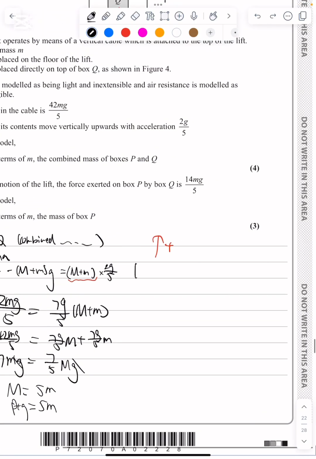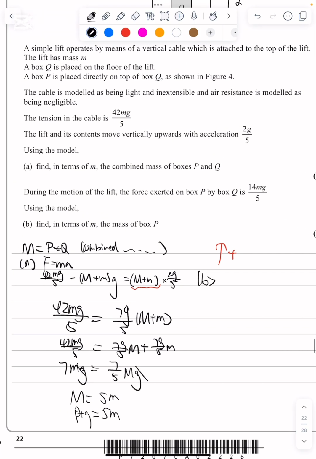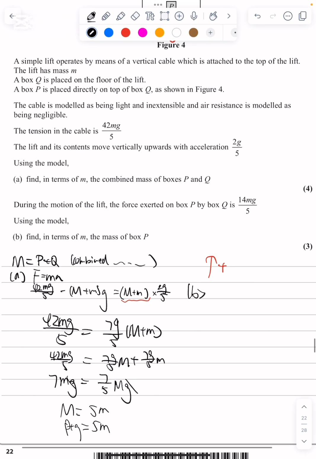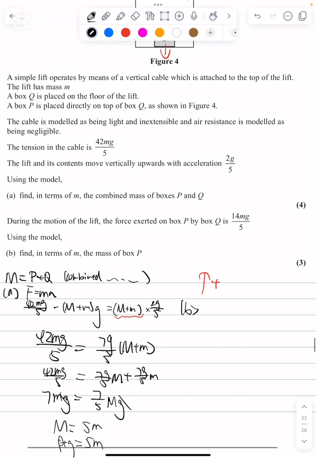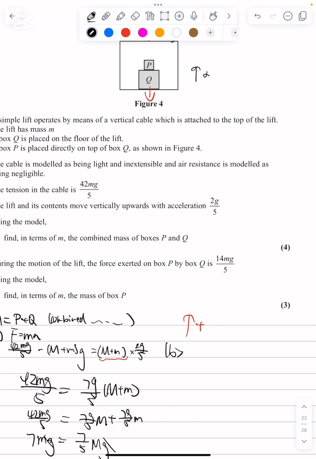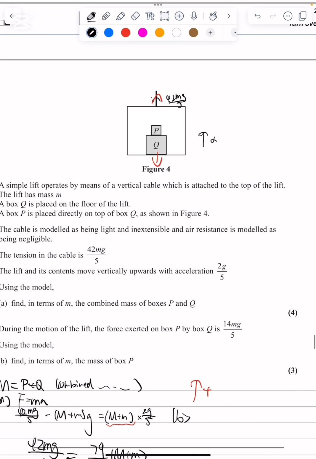Okay, let's use this remaining space for part B. Find in terms of m the mass of box P. The force exerted on box P by box Q is 14mg over 5. Okay, so there's this force right here.